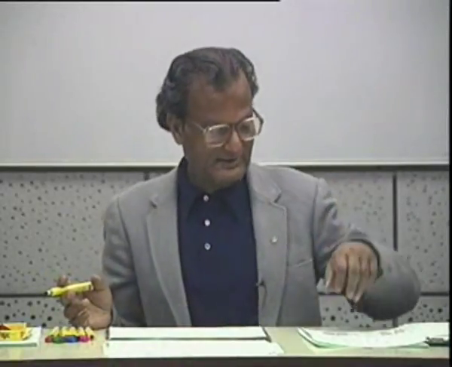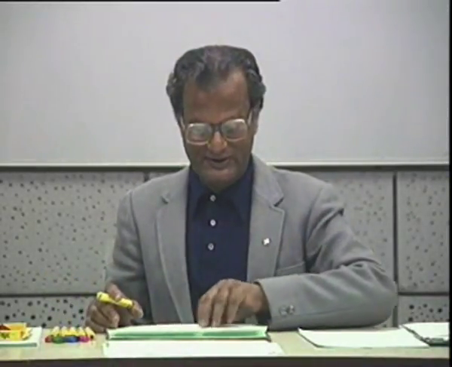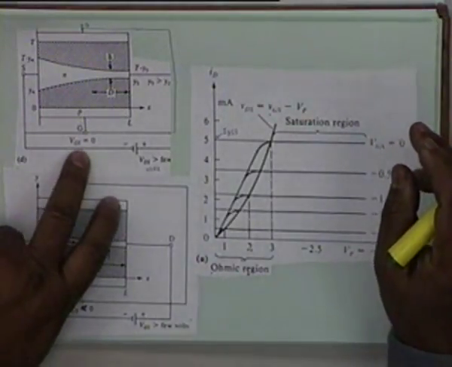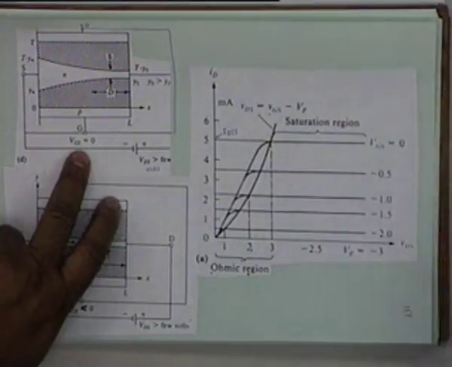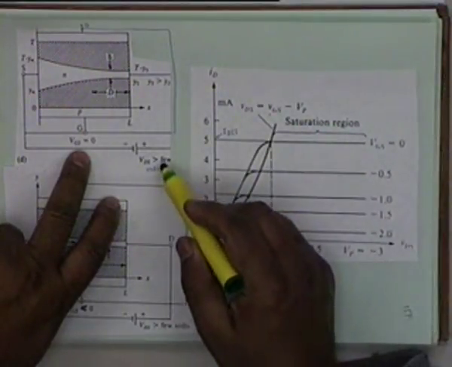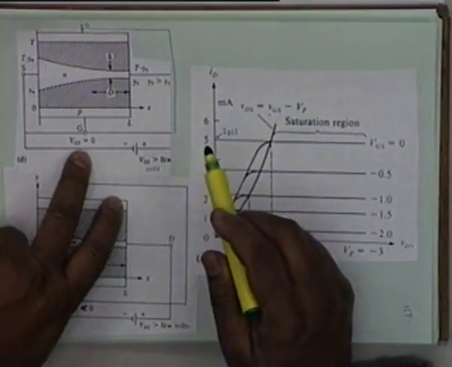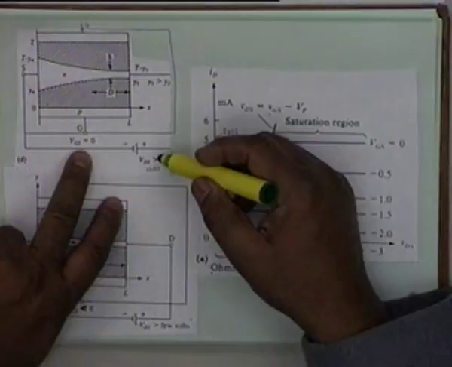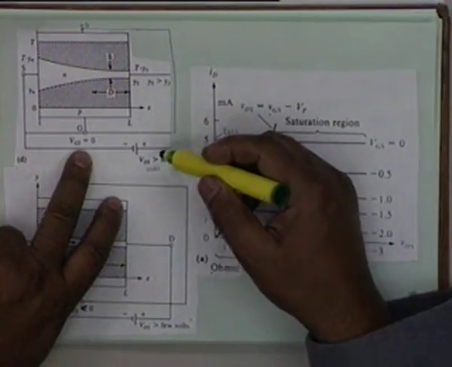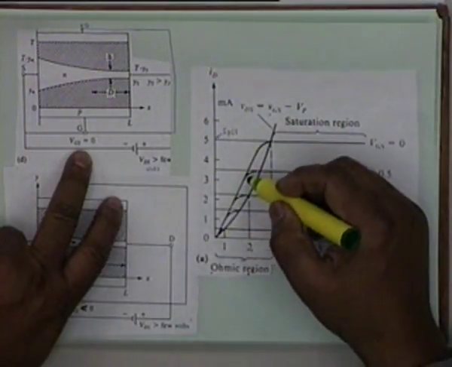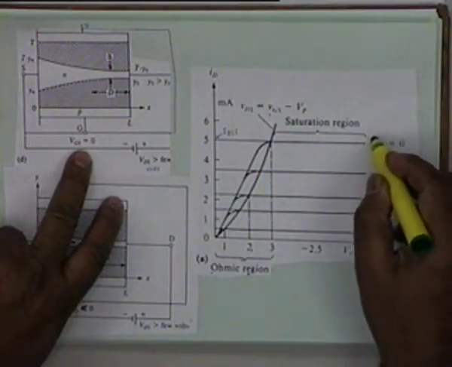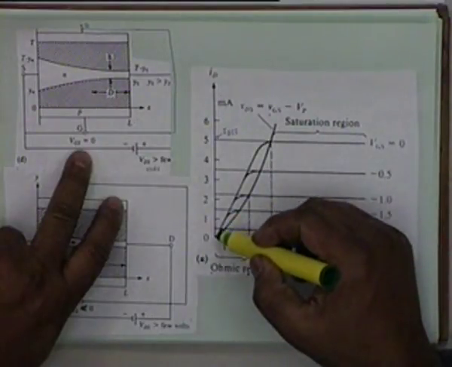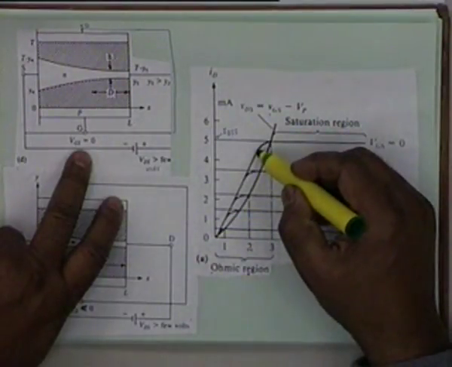Now we go back to the situation where VGS is equal to 0. In between we have taken a detour, and VDS is increased. Now initially, as I said, if VDS increases, the current increases because it's ohmic resistance. This is the characteristic for VGS equal to 0. Okay, the upper line. The initial portion is ohmic; it increases linearly.